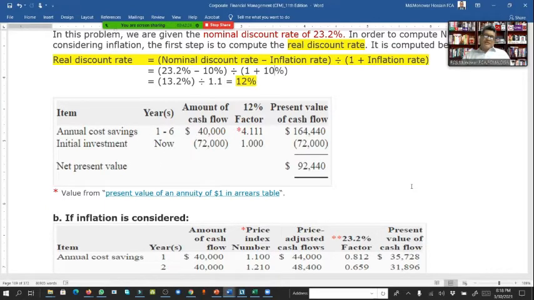If we multiply 4.311 by 40,000, we get the total present value of cash inflow, 1,64,440, and the initial investment is 72,000. So net present value is 92,440.